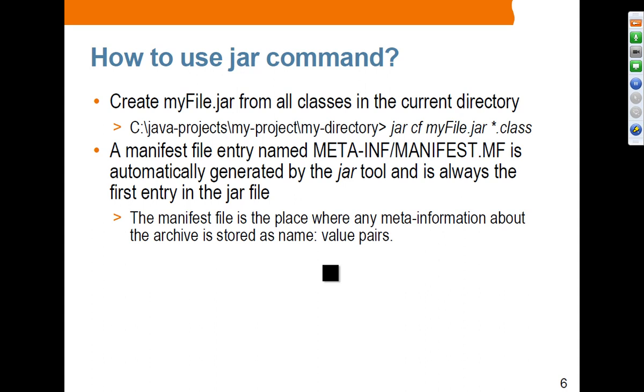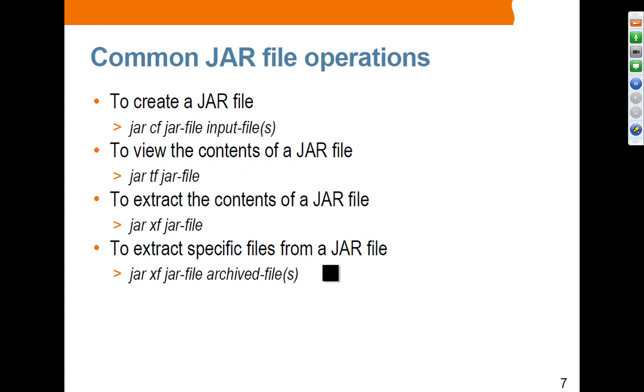So this manifest file is a file where you can place some meta information about the archive. Okay, we'll talk about some examples of the meta information you could have in the manifest.mf file later on. So these are common jar file operations.